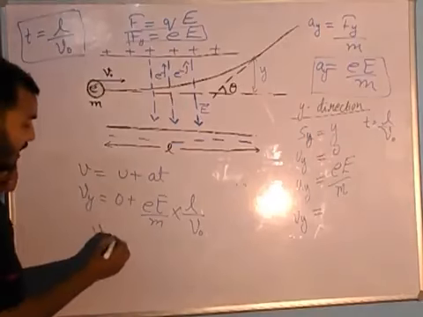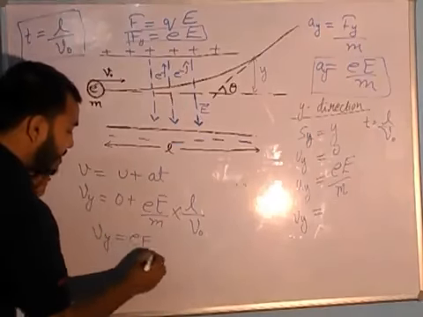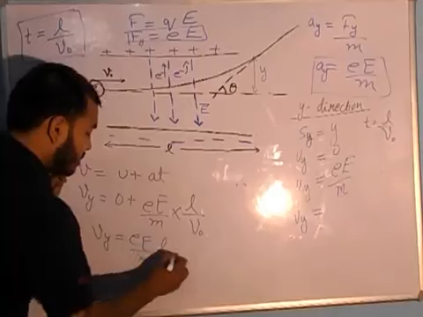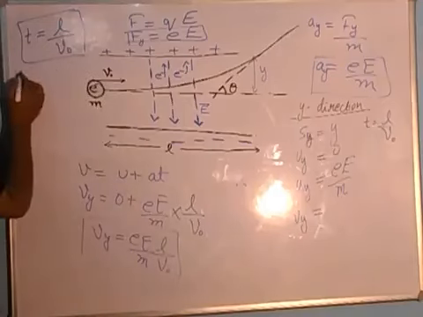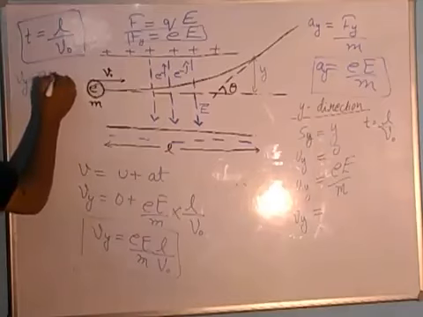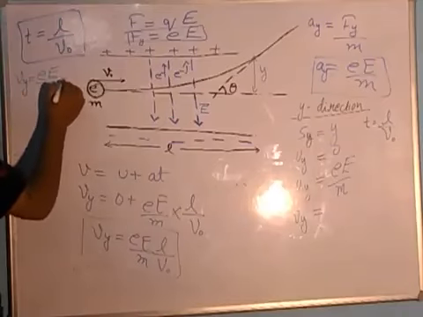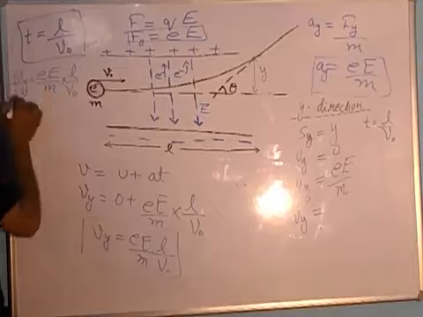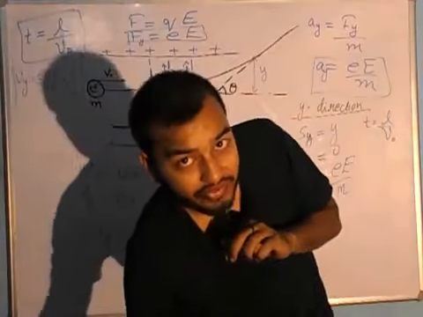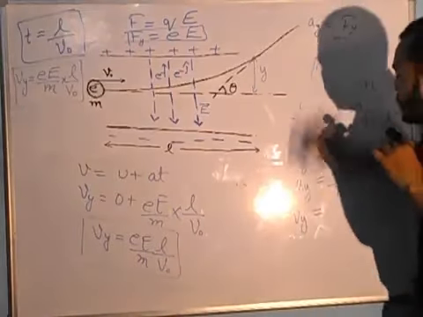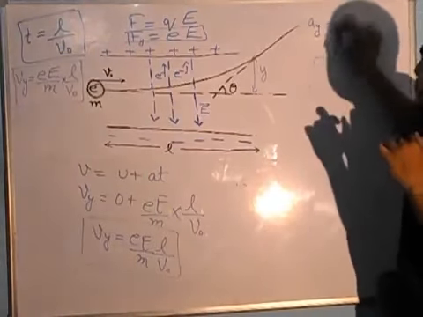So the velocity in the y direction becomes E divided by m multiplied by L divided by V0. This is the vertical velocity of the electron when it emerges out of the field, that is over here. Now I need to calculate this angle theta.